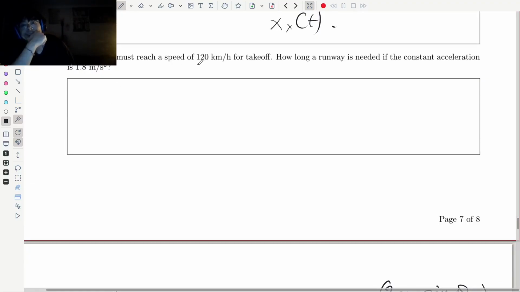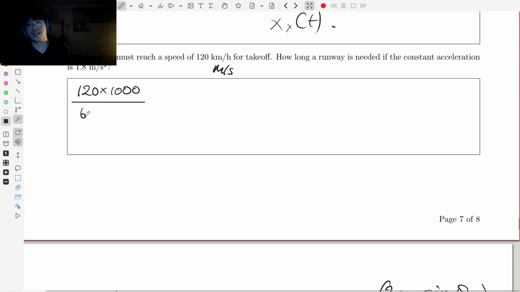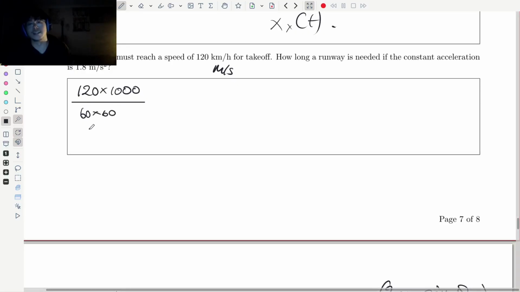So a light plane is reaching a speed of 120 kilometers per hour for takeoff. How long a runway is needed if the constant acceleration is 1.8 meters per second squared? So first, I just want to convert this into meters per second. So again, we have 1,000 meters per kilometer, and we have 60 times 60 seconds in an hour.